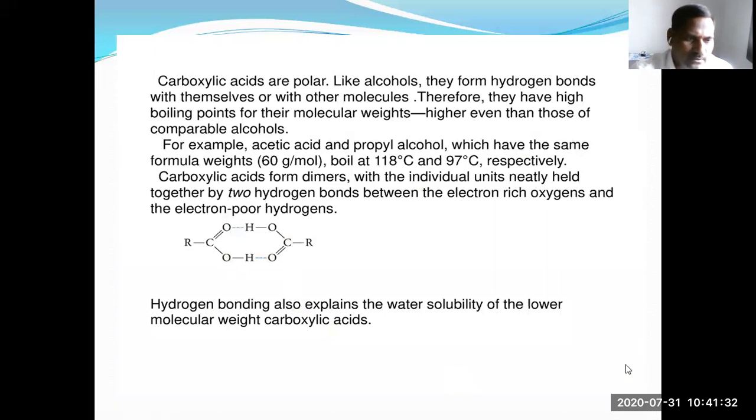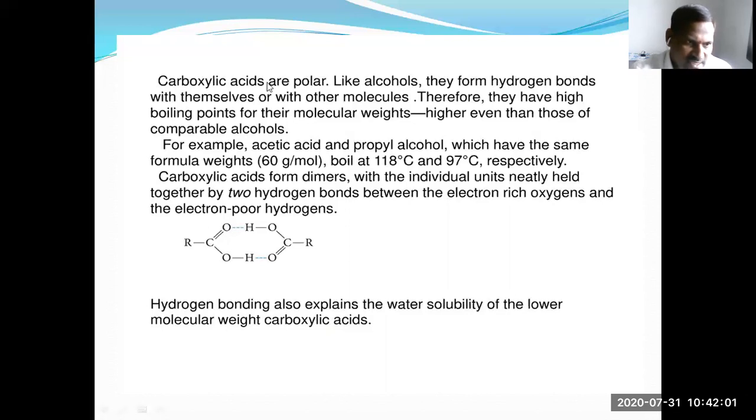So see here, this is the dimer of carboxylic acid. In carboxylic acid, hydrogen bonds are present. That's why carboxylic acids' boiling points are greater than the corresponding alcohols.